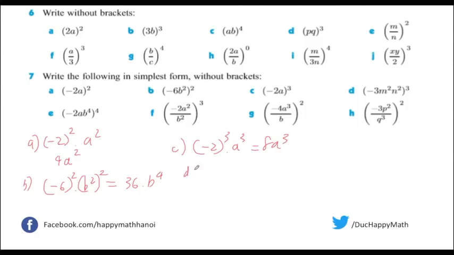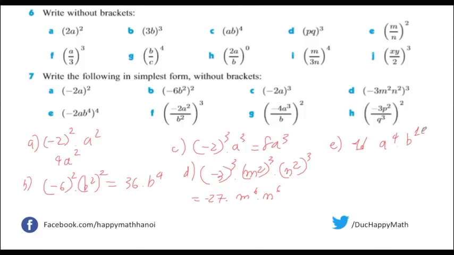And D, negative 3 cubed, m squared cubed and n squared cubed. So the final result is negative 27 m power 6 and n power 6. Exercise E, and negative 2 to the 4 means 16, and a to the 4 and b to the 16.